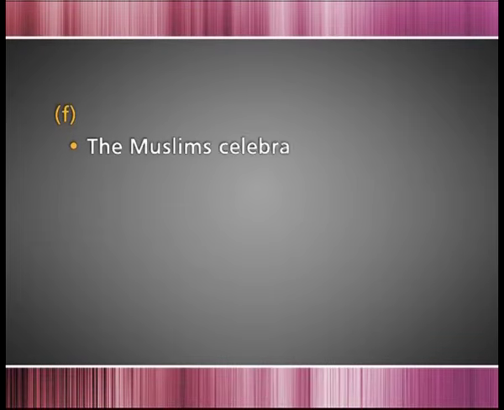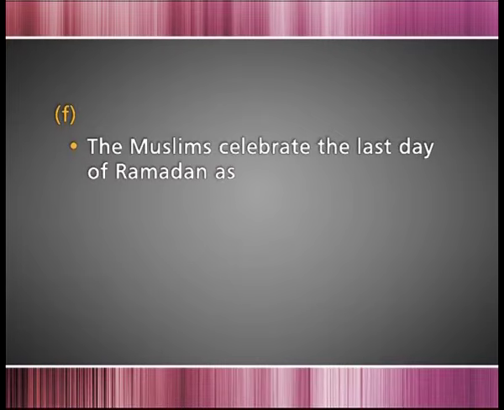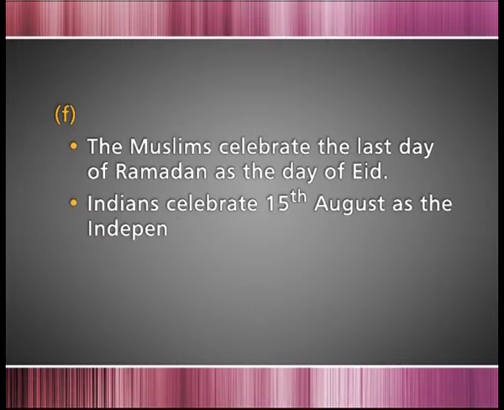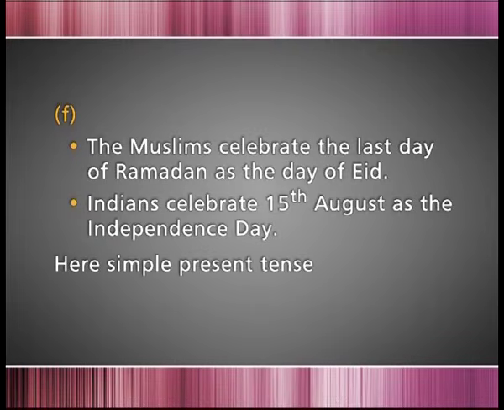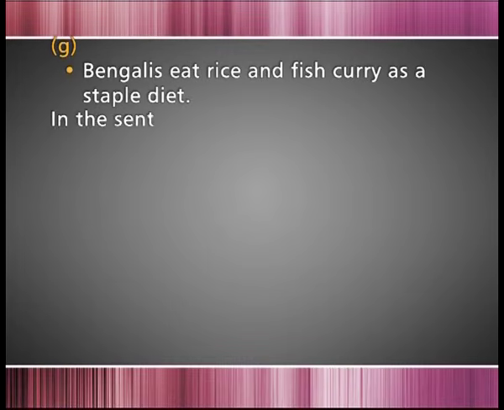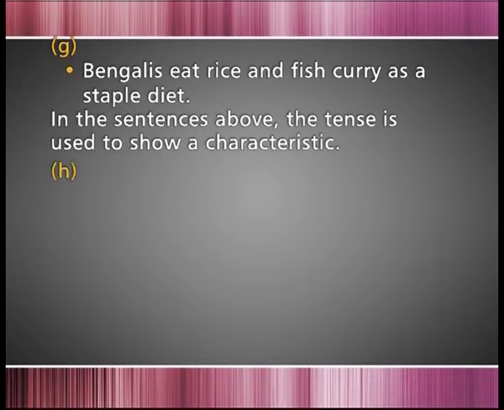F. The Muslims celebrate the last day of Ramadan as the day of Eid. Indians celebrate 15th August as Independence Day. Here, simple present tense is used to show a ritual. G. Bengalis eat rice and fish curry as a staple diet. In the sentences above, the tense is used to show a characteristic.